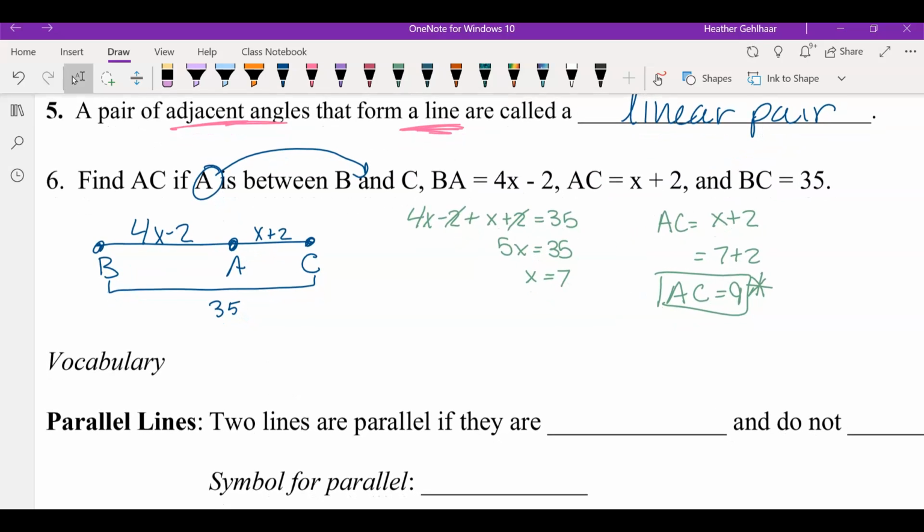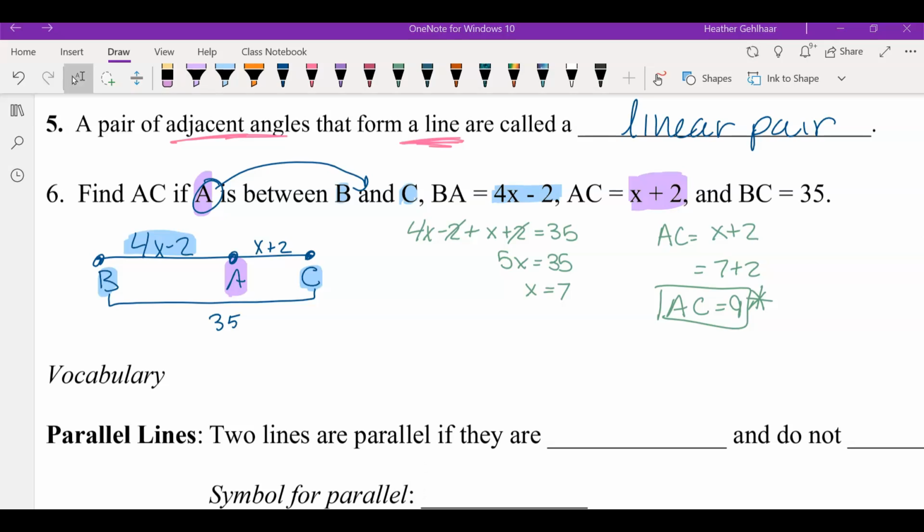Next, 6 is a lovely betweenness problem. So remember that from chapter 1. So here it says A is between B and C. So as we see here, we have B and C, and A is in between. We know that BA is 4x minus 2. And we have here AC is x plus 2.